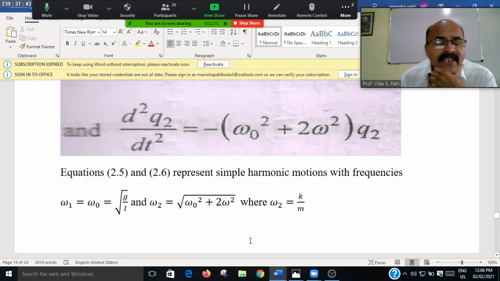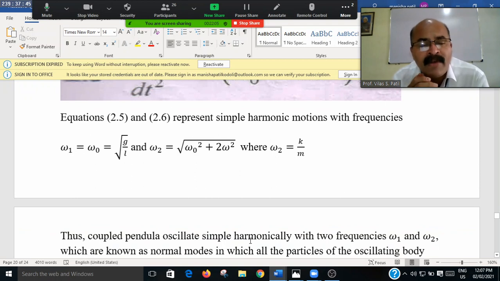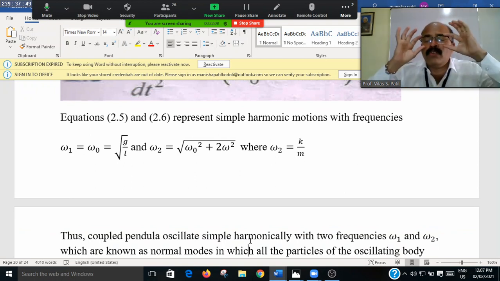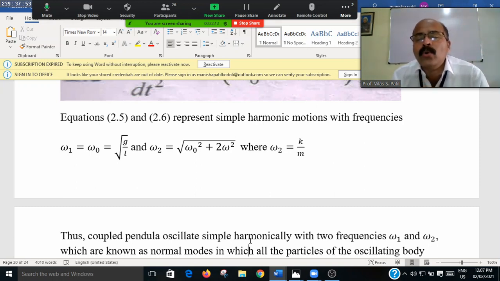From the above two equations, 2.5 and 2.6, we get simple harmonic motion, SHM, with two frequencies. Omega 1 is equal to omega 0, which is equal to root of g by L.